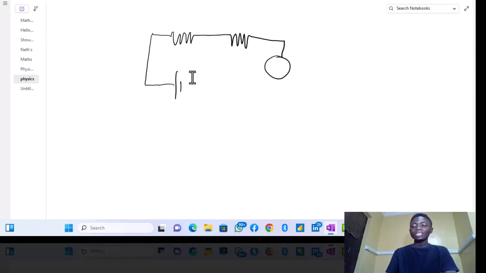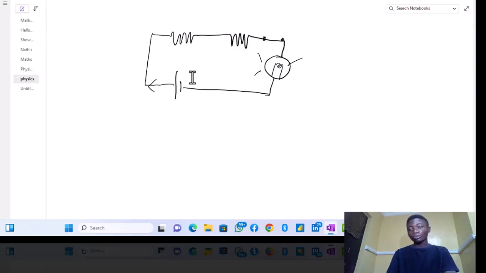Let's say a bulb, for instance. You have a bulb here, and it's all connected together. The current would flow and pass through and come to this bulb, and then it gives light. You can also have a key. Let me put a key.